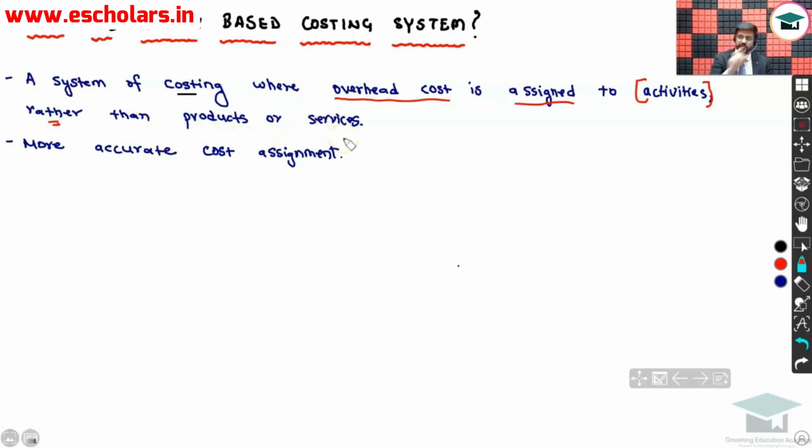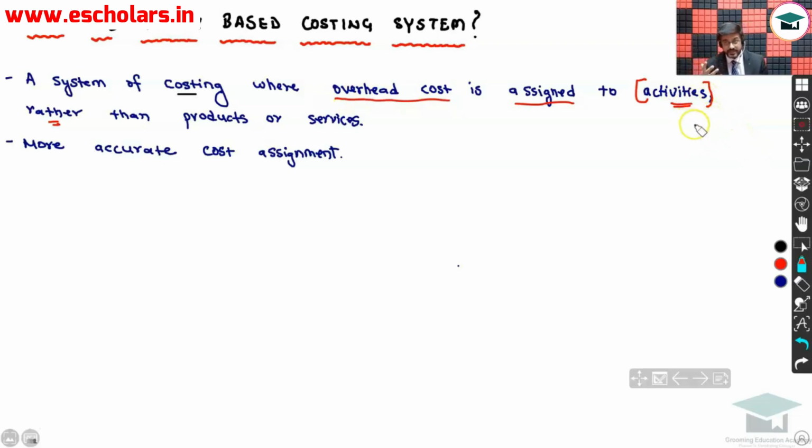If you remember, in the absorption costing system in chapter 3 on overheads, we were reapportioning the overhead cost over the departments, production departments and service departments, and from there we absorbed it over our cost unit. However, in the activity based costing system, we don't apportion the overhead cost over the departments. We apportion them over the activities.